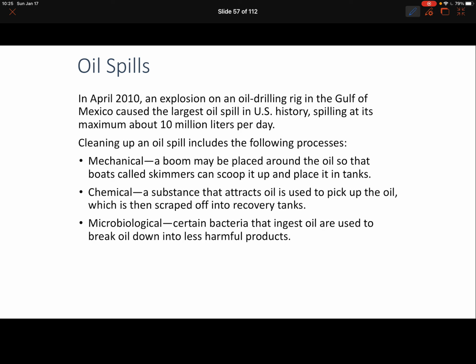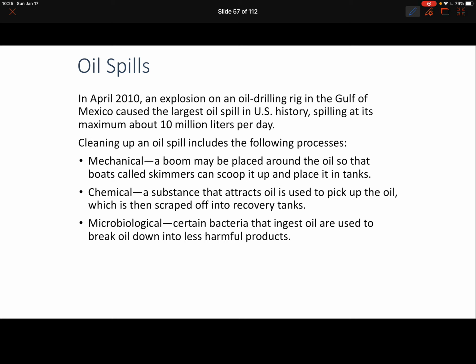Oil spills are no fun. Because of those physical properties, right, the fact that they don't mix and that water is more dense, oil will float. And so back in April 2010, as you can see here, there was an accident and a lot of oil was spilled.